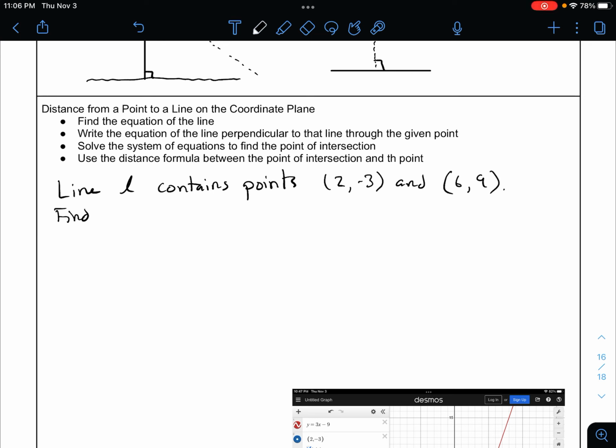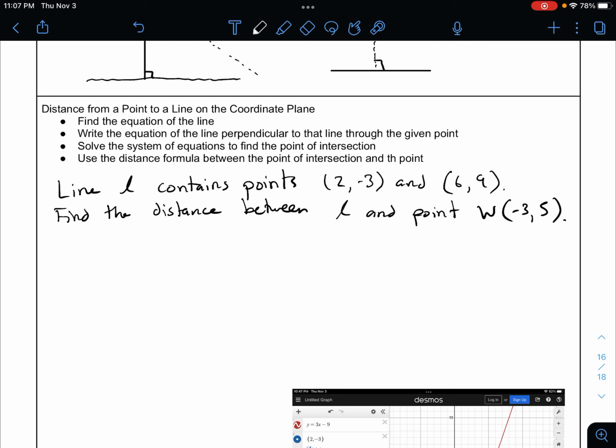We want to find the distance between L and point W. Point W is located at (-3, 5). So I've got this line that has these 2 points, and then there's another point that's off the line, and I want to know the distance between W and that line L.